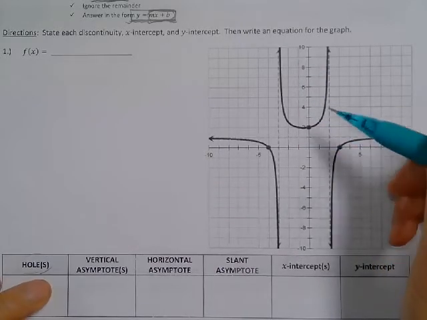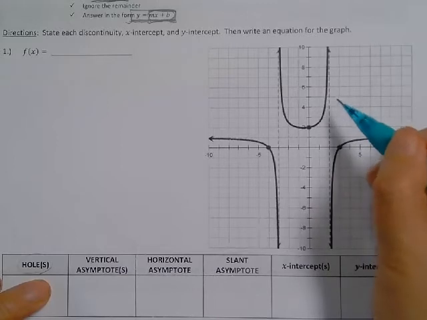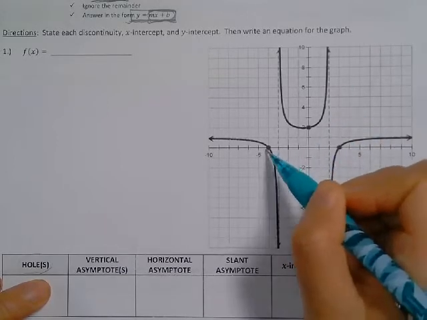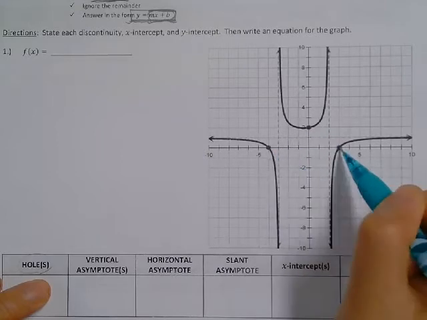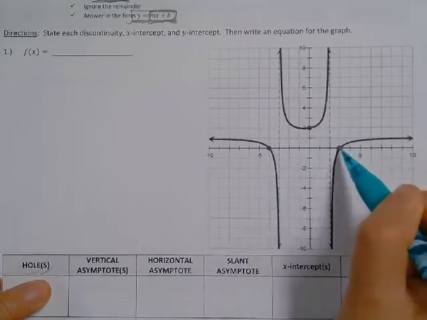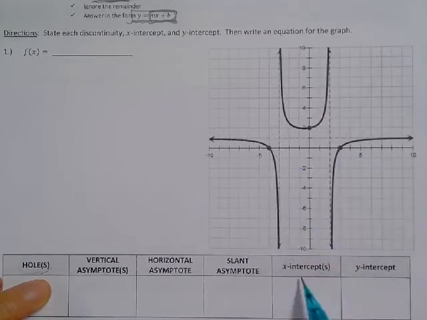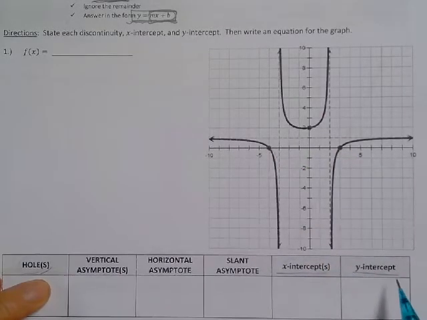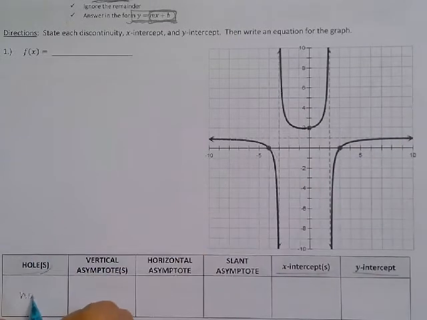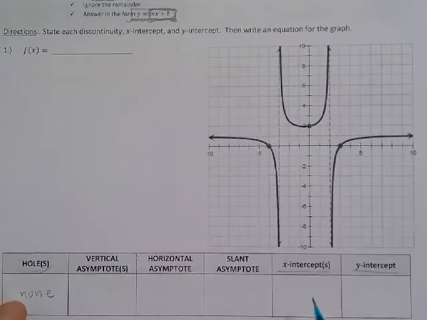Any hole will be notated with an open circle, but I do see emphasized coordinates, and these are only emphasized with a closed dot, and they are continuous. They are the x-intercept and y-intercept. So apparently I don't have any holes, so I would just say none here.